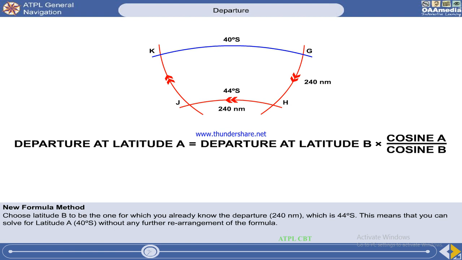Choose latitude B to be the one for which you already know the departure. This means that you can solve for latitude A, which is 40 south, without any further rearrangement of the formula. Departure at A equals departure at latitude B times cosine A over cosine B.